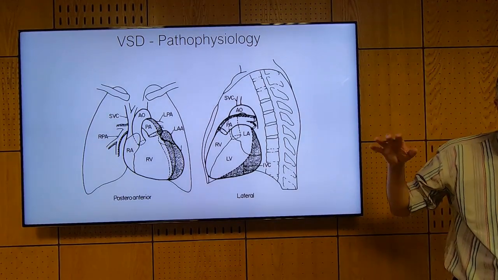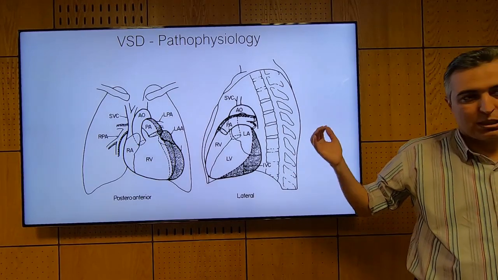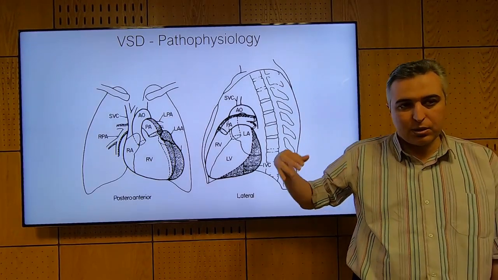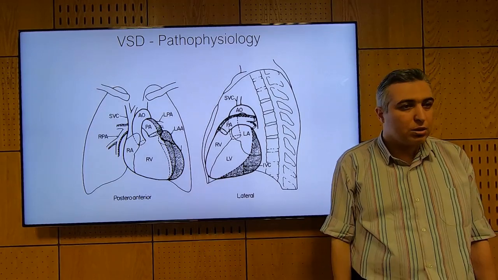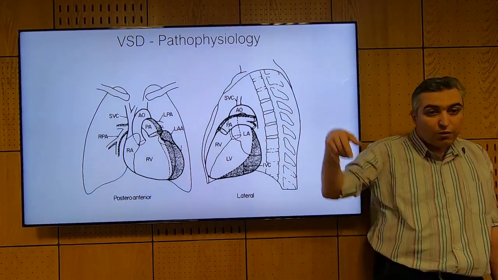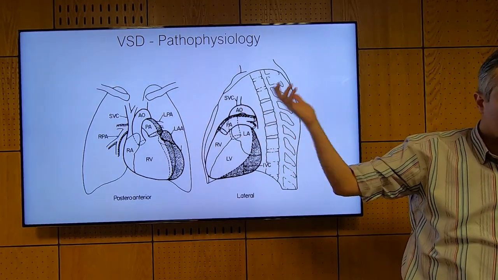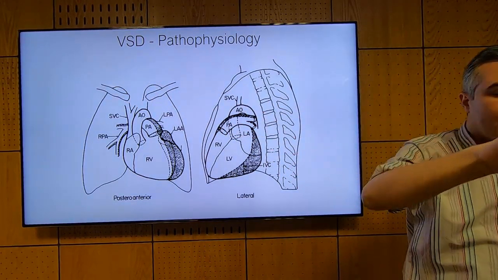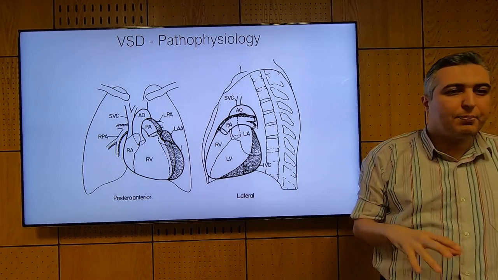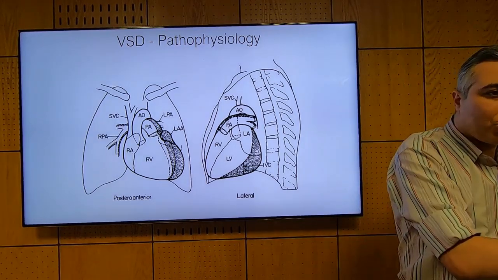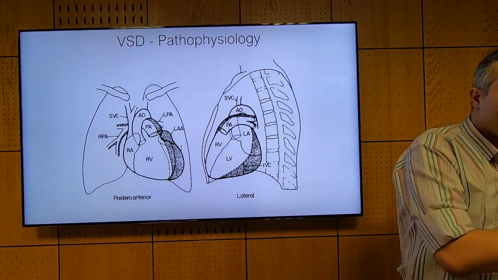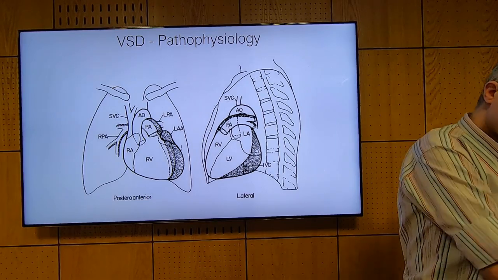What about if a patient has a big ASD? How long would it take him to get Eisenmenger? 40, 60 years, quite long. Okay, why is that? Let's assume a patient has a VSD, and the pulmonary blood flow is 3 times higher than the systemic blood flow.